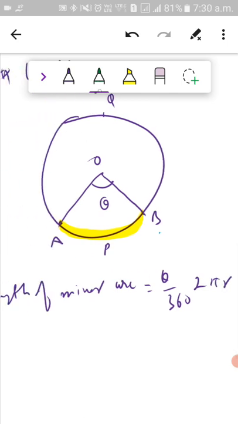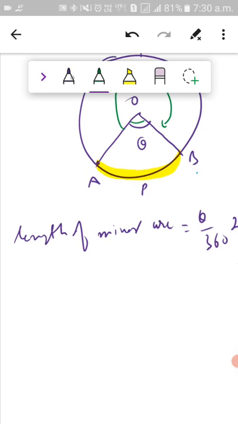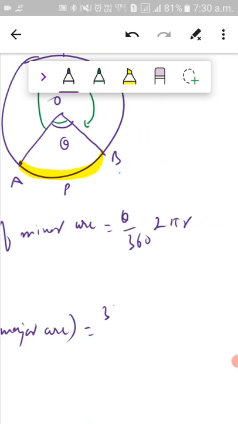Then if this angle is theta, this other angle will be 360 minus theta, right? So I can write length of major arc, that is 360 minus theta by 360 times 2 pi r.